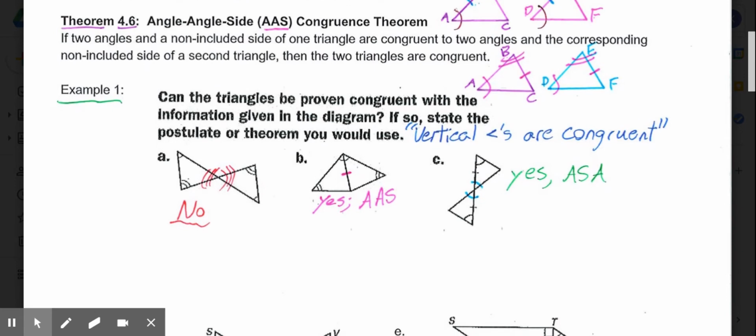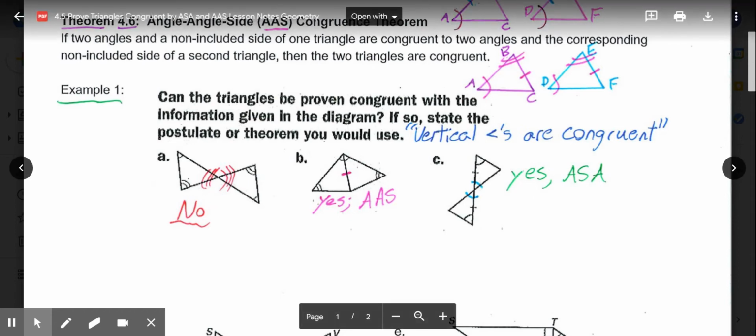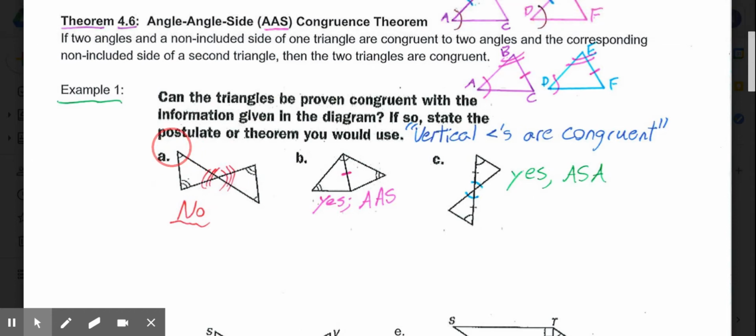So example 1. Can the triangles be proven congruent with the information given in the diagram? If so, state the postulate or theorem we would use. So in diagram A, they told us this angle here in the upper left is congruent to this one in the bottom right.